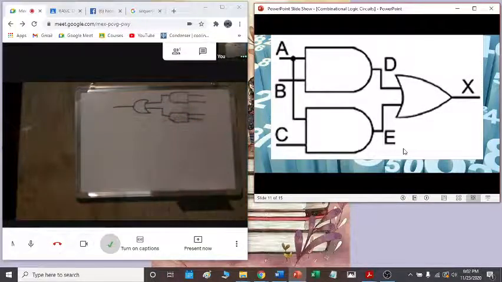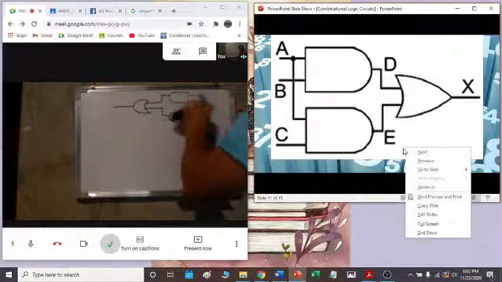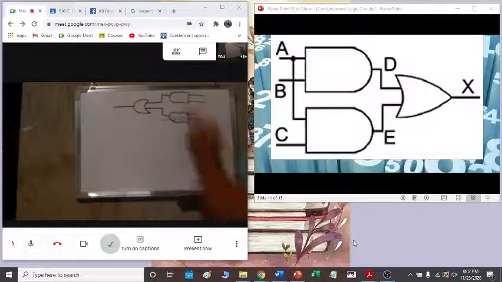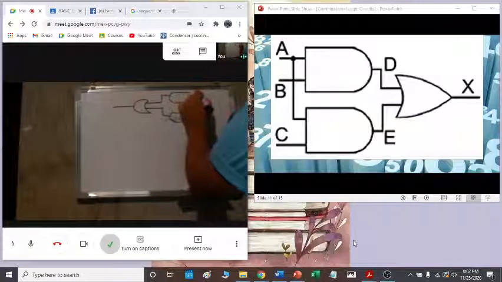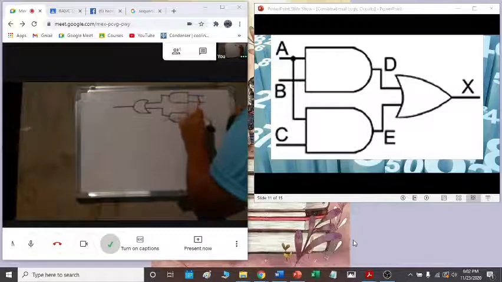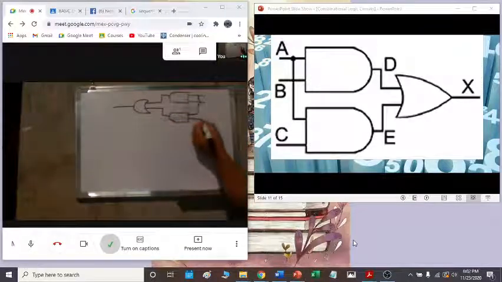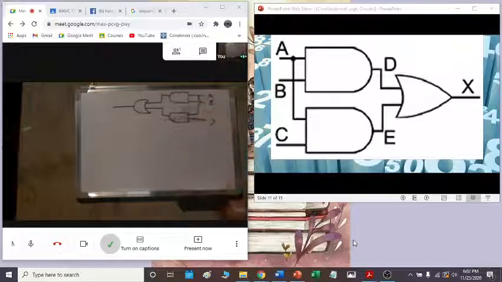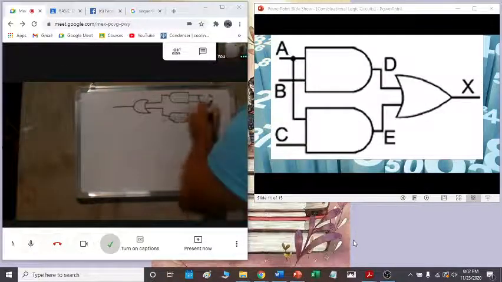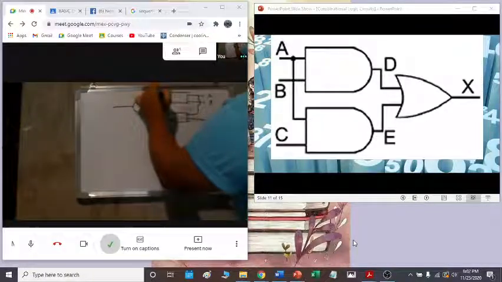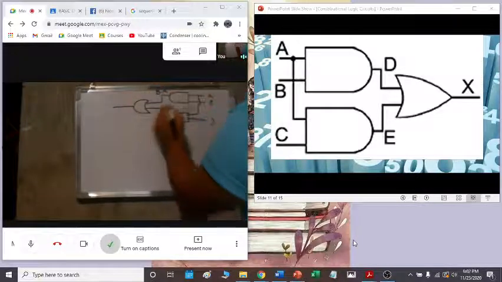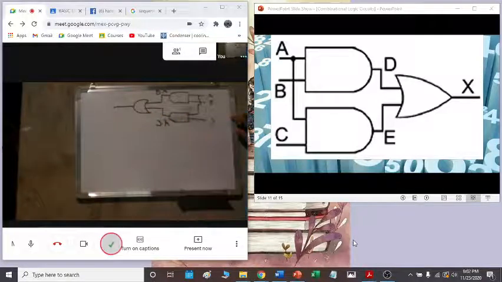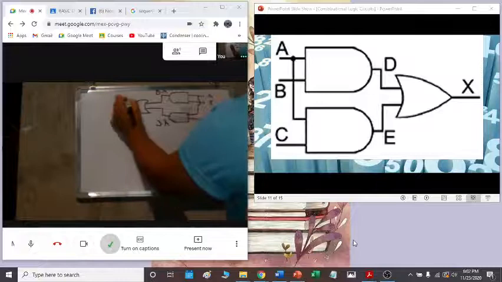The second AND gate taps the first leg of the first AND gate. So we have A, B, and C. The first will be A times B, and the second will be A times C. And their output is X.